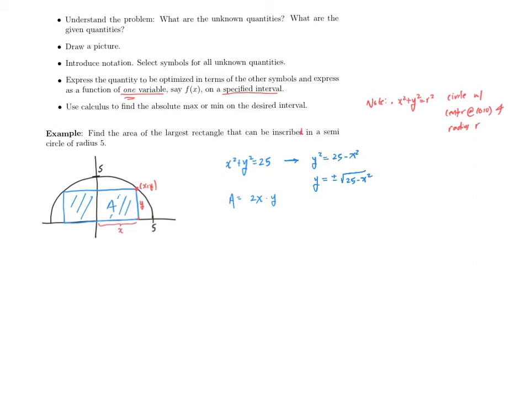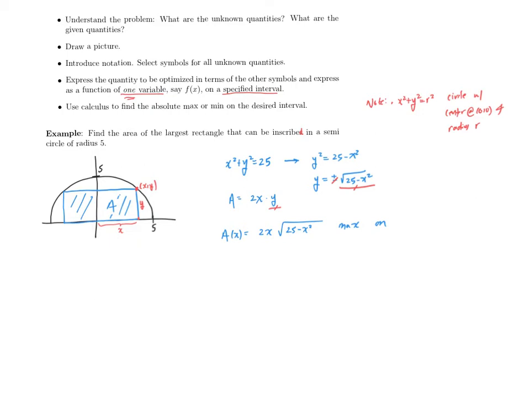And if we specifically want the top half of the circle, it's really just the positive y we are interested in. And this quantity, the square root of 25 minus x squared, can be substituted in for y, which allows us to have an equation of one variable that we can maximize. So we have A of x now is 2x times the square root of 25 minus x squared. And what we would like to do is maximize this function on some interval.